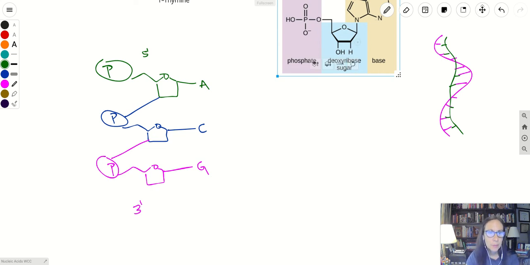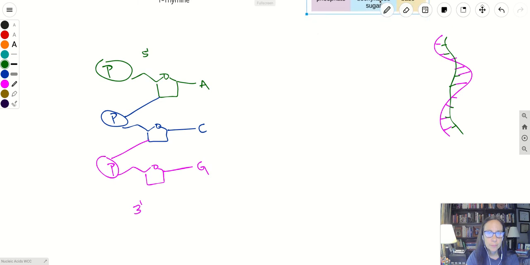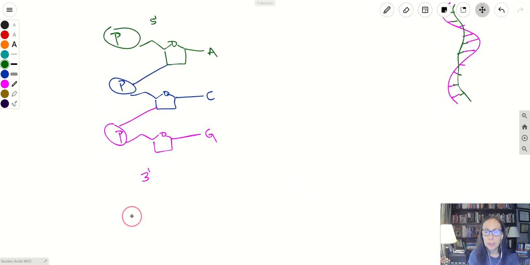Let me just move this out of the way here. Okay, so we have this nucleotide here. A couple of things that you need to know is that we're going to write this down. A always binds with T and C always binds with G. Okay, you need to know this.